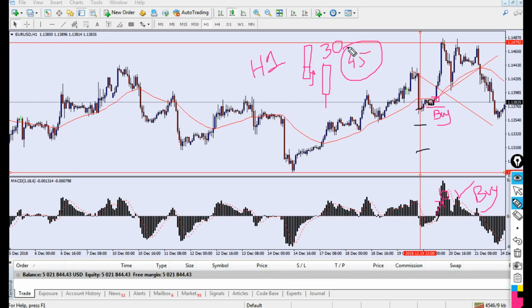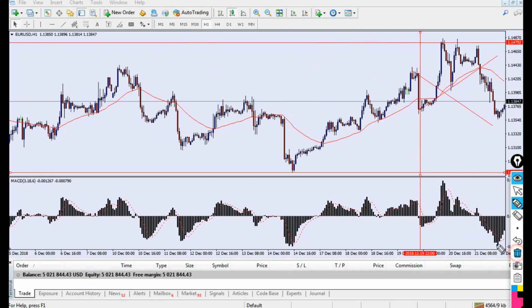You have to enter at this time, because the last 15 minutes are so important. They will give you a fast movement of trade, right? So if you enter here, this is your first TP. Okay, so let's see what we got here.